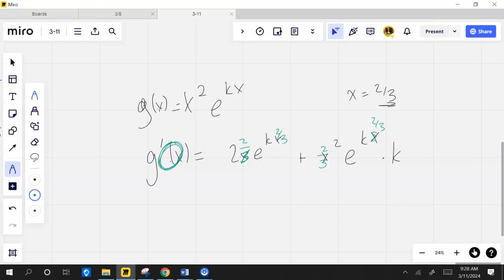Which of the following is a solution to the differential equation dy dx equals 2 sine x with the initial condition? So this is one where we get the dy and dx separated and we integrate on both sides.